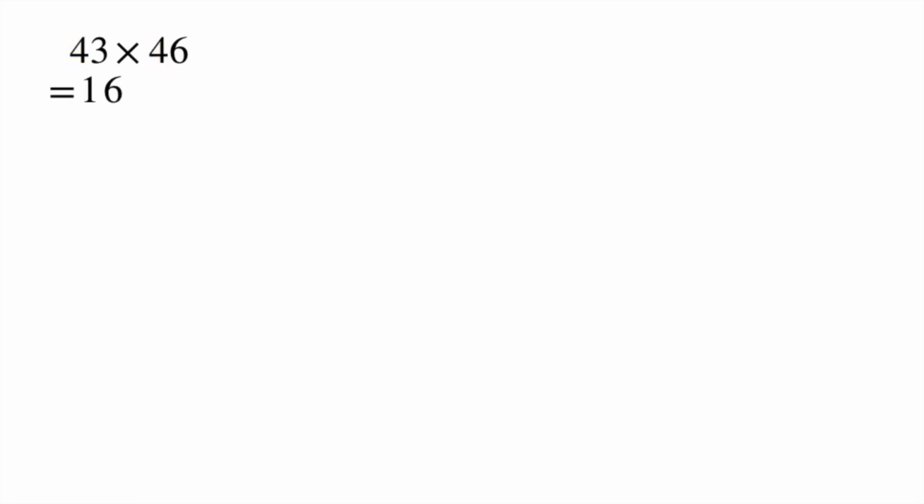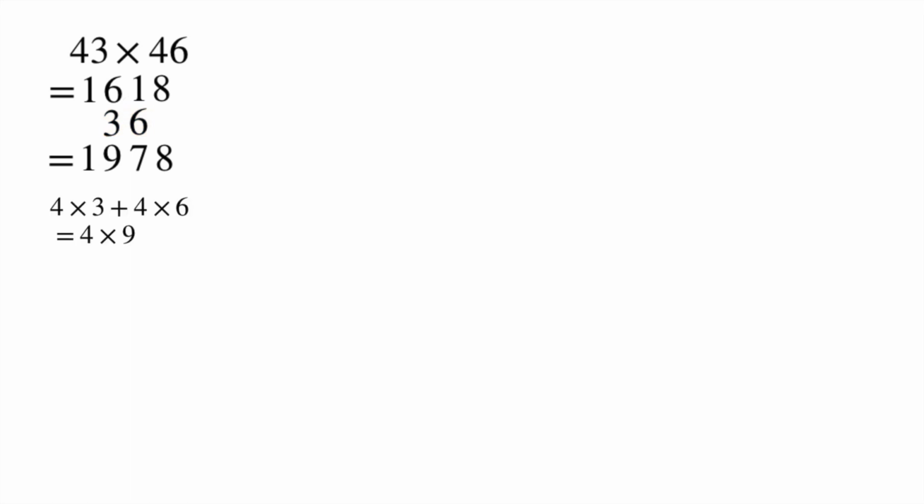Left times left, in times in, out times out, right times right. This 36 is 4 times 3 plus 4 times 6. You can do factorization as in video 3.